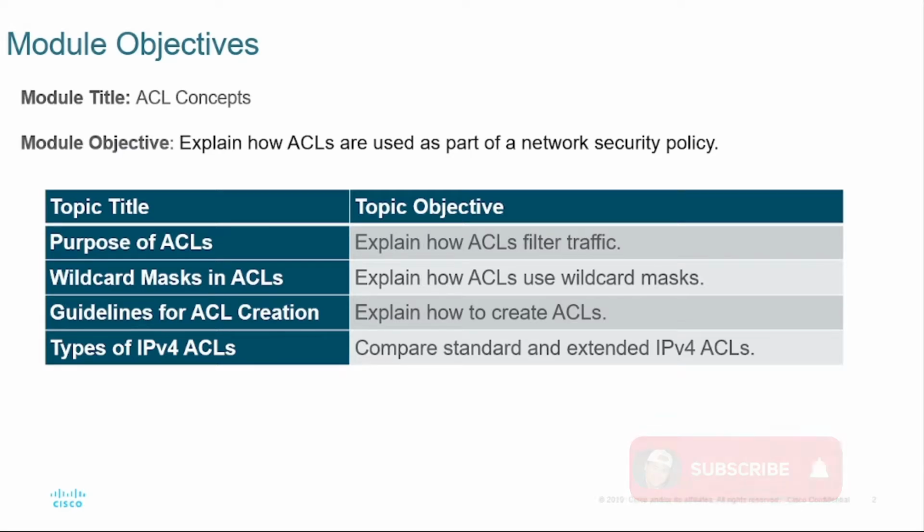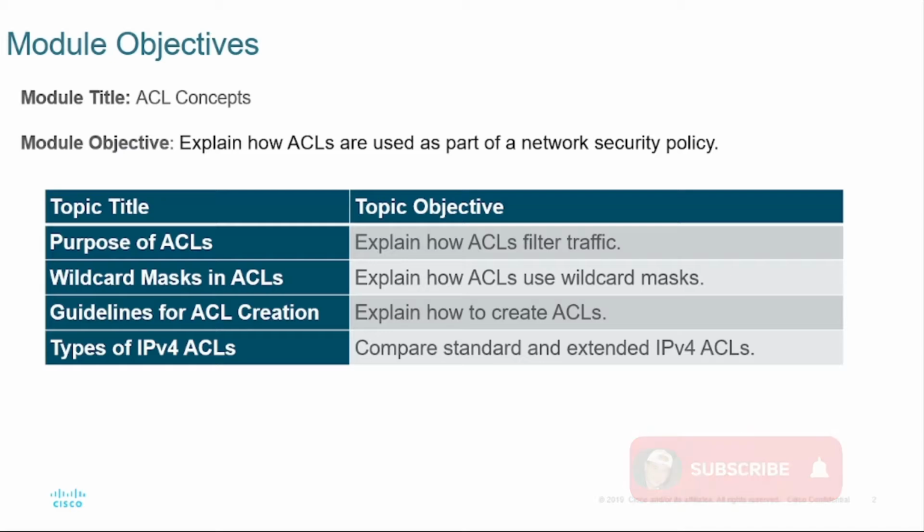So first up is the purpose of ACL. We're going to explain how ACLs filter traffic. We're going to discuss also the wildcard mask in ACLs. We're going to explain how ACLs use wildcard mask, and of course, how we are going to compute the wildcard mask, just like what we did in OSPF.